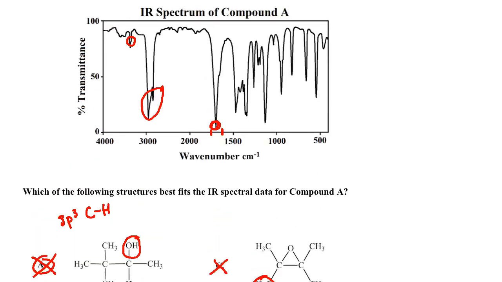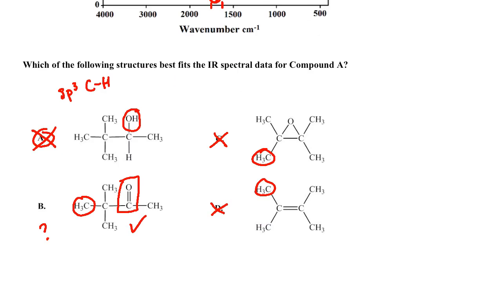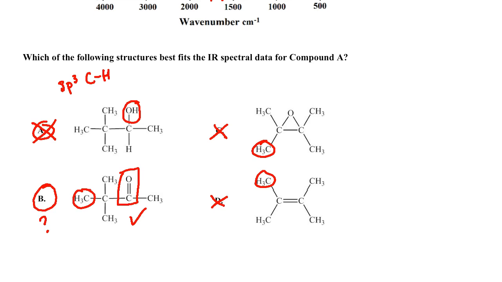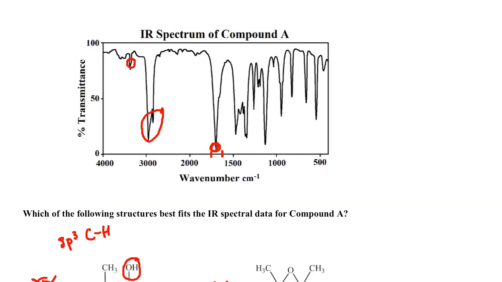If we already can see there's a prominent carbonyl peak there, we're just going to toss these out and go with B, because that saves us more time. That type of decision making is ideal for what you would want to execute on the MCAT. So B is going to be the correct answer for the structure above.